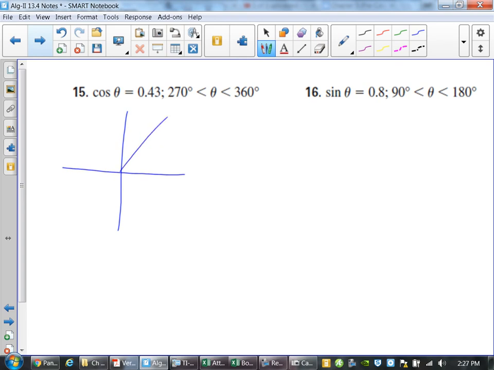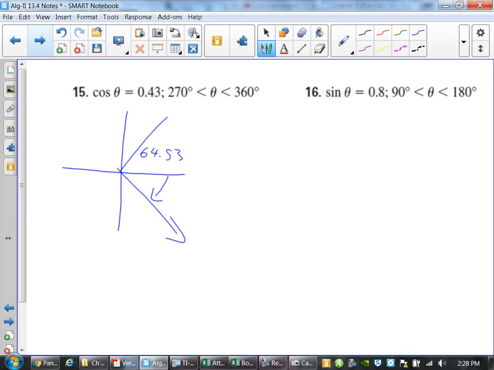What angle did you get in the first quadrant for that? 64.53. Now be careful. When you're using your reference angle to the fourth quadrant, what are you doing? No. Subtracting from 360. Remember, your reference angles are all bounced off the x-axis.